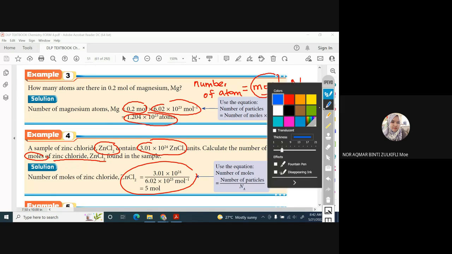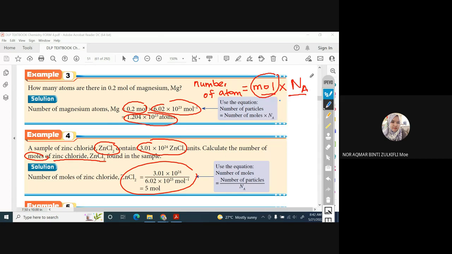If you want to find mole, Na goes to the bottom. Let's write it here: mole equals number of atoms divided by Avogadro. You need to understand this mathematical concept.